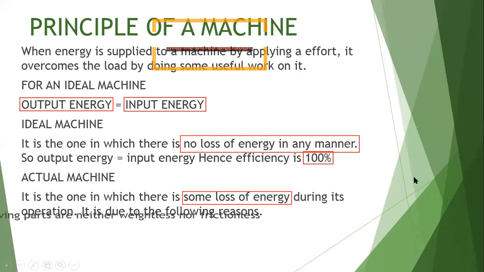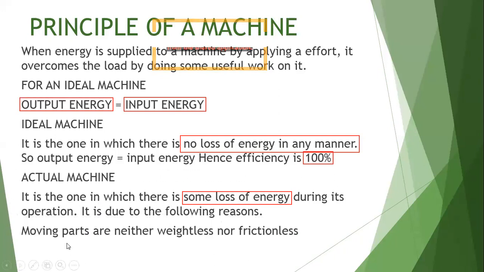You will find the reason is that the moving parts are neither weightless nor frictionless. Obviously, try to understand class. This is a very fundamental reason why we cannot have an ideal machine. Why? Because if I want an ideal machine, its moving parts should be weightless and frictionless.